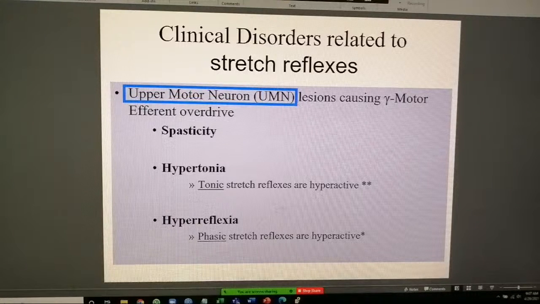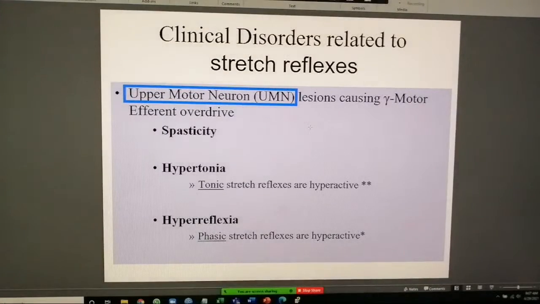Upper motor neuron. Okay, all right. Let's remedy that. We'll be looking at it a lot in the next chapter, but let me give you a brief overview of what this means.